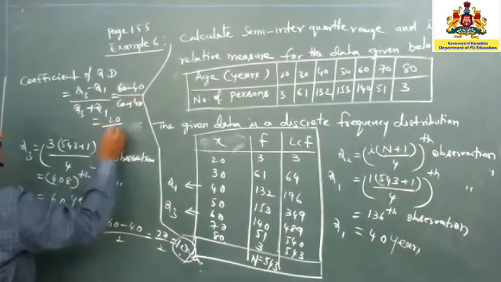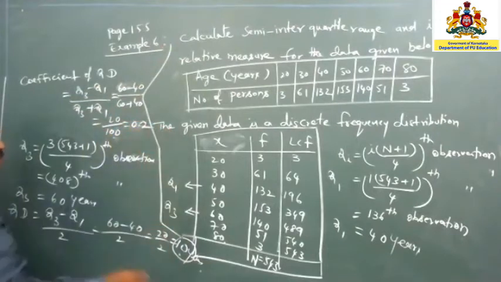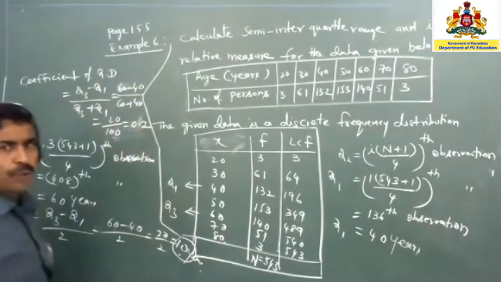So 20 by 100, 0.2. It does not contain units.